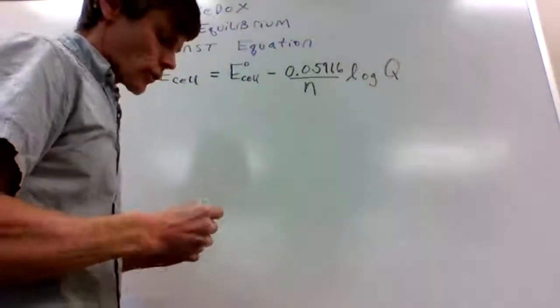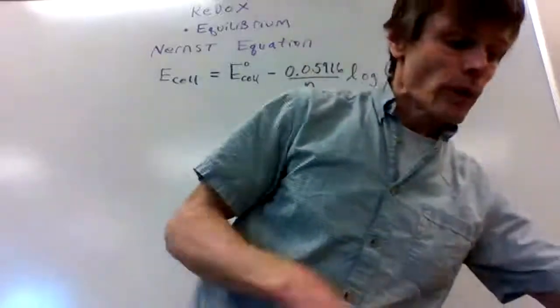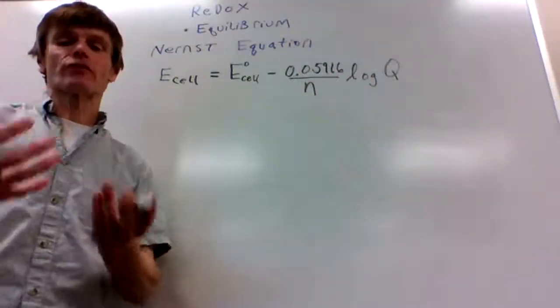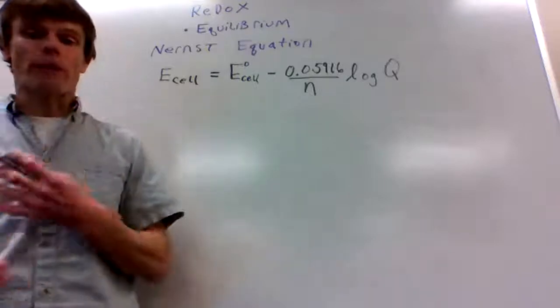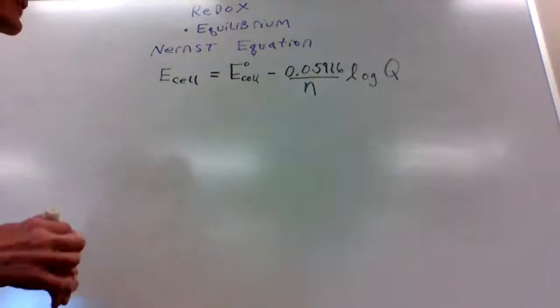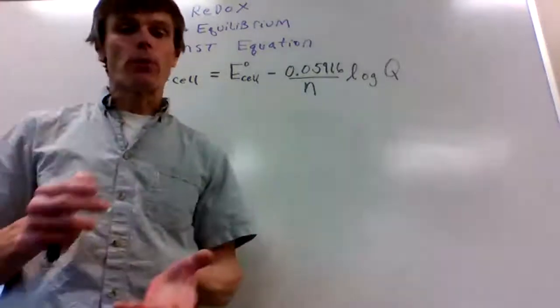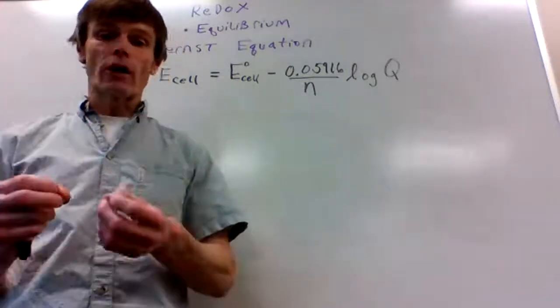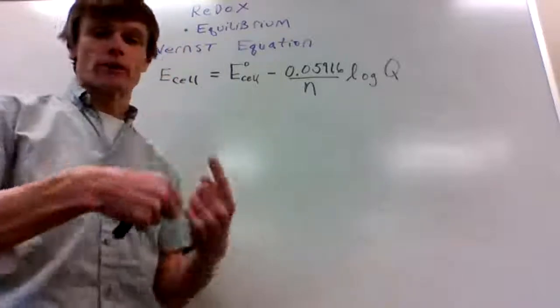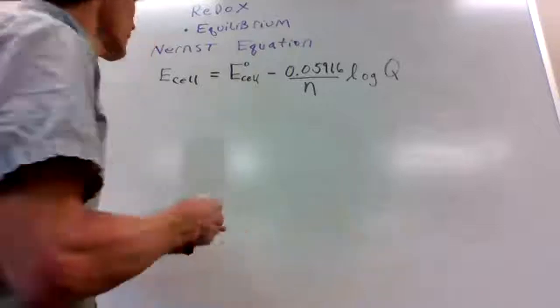Q is our reaction quotient, and we use Q to help us understand how a process is approaching equilibrium. We said that the Nernst equation is really important because it shows two driving factors that cause an electrochemical process to occur.